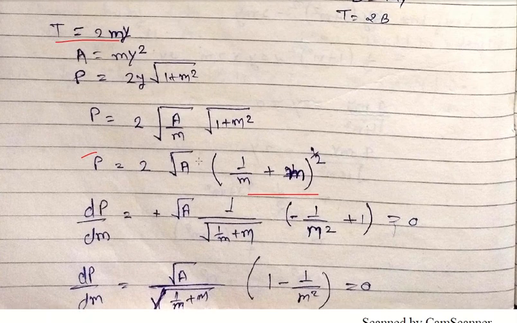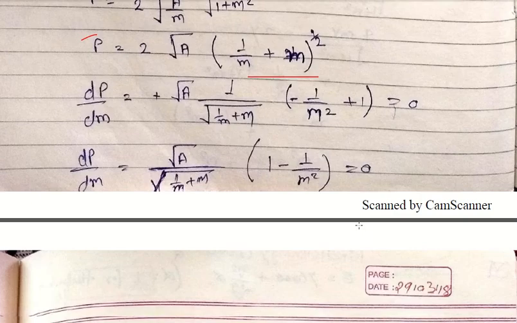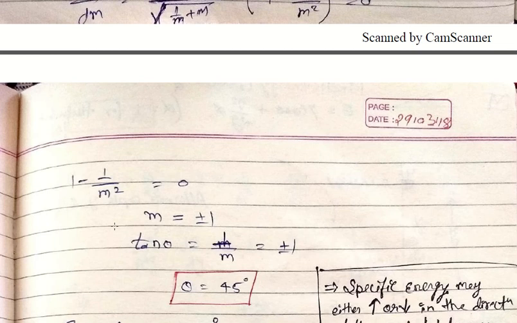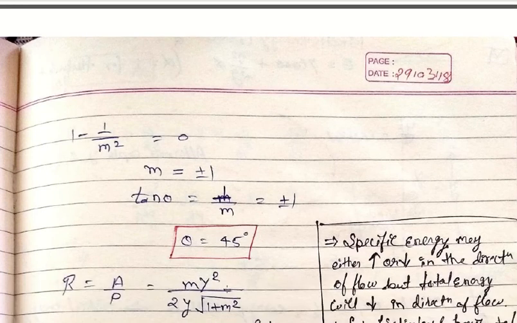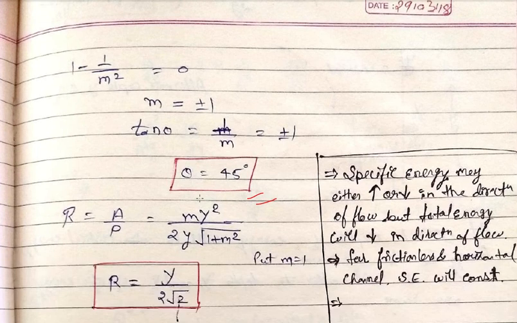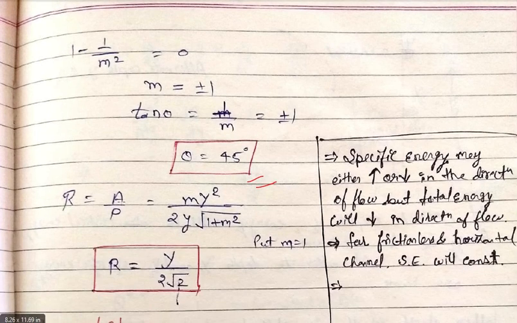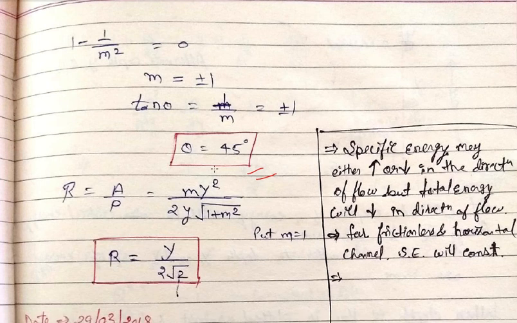Now we differentiate these terms. Now the m value will give plus minus 1, that means tan theta equals 1, theta is 45 degrees. And the hydraulic mean depth is area upon perimeter, m y square over 2y root of 1 plus m square. So put the m value, m equals 1.